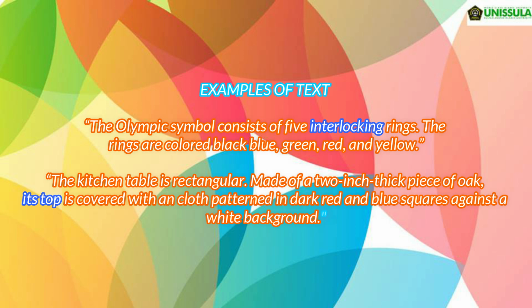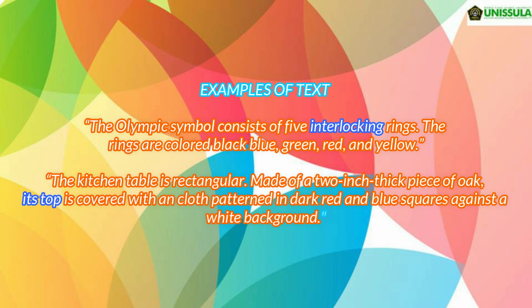Okay, students, these are the 13 patterns of organization that I explained today. You may watch again step by step and try to understand what I display in this video.